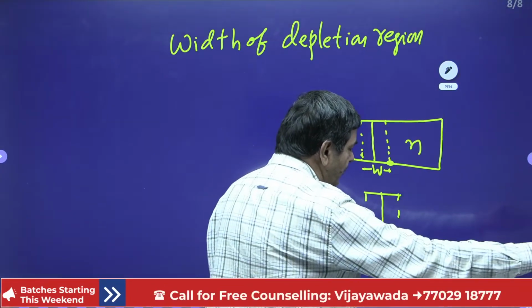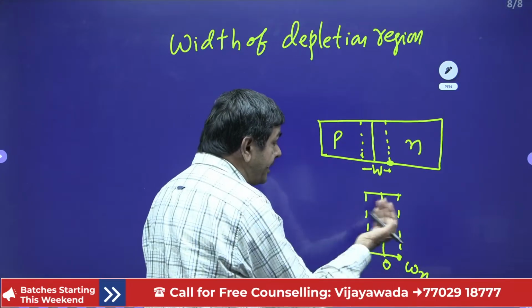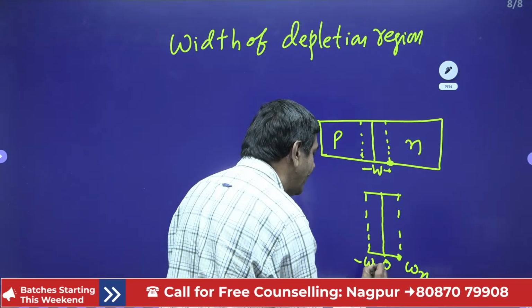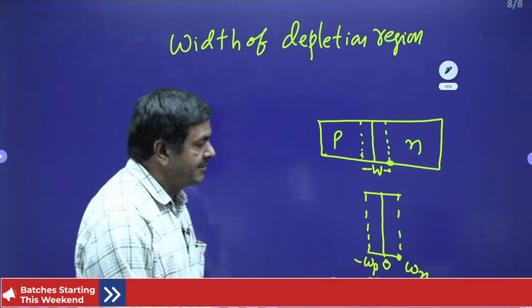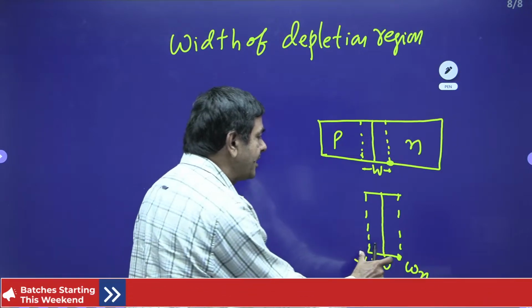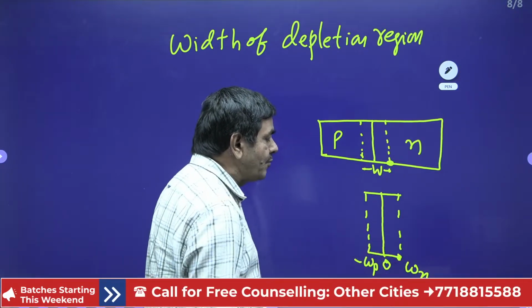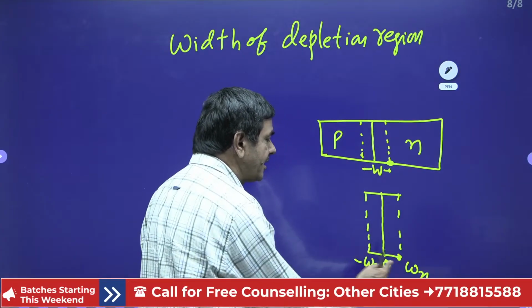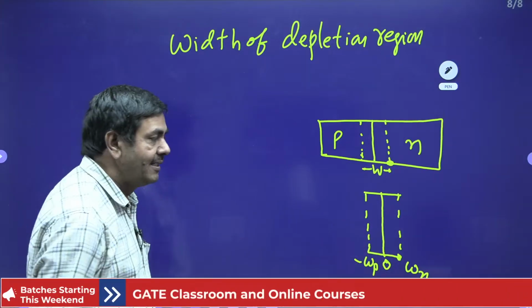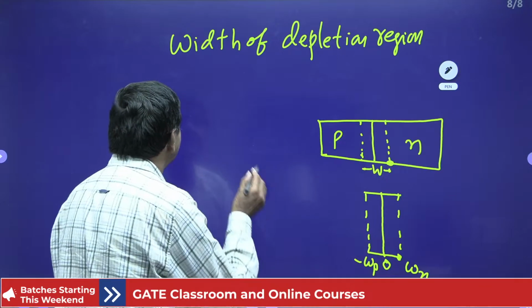Wn is a positive value. On this side, the P-type material has negative minus Wp. The total width is W, so W equals the difference of Wn minus of minus Wp, that is, Wn plus Wp. We can write it this way also.